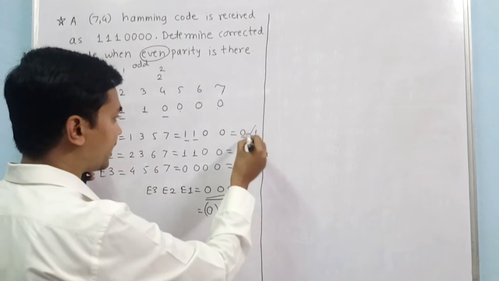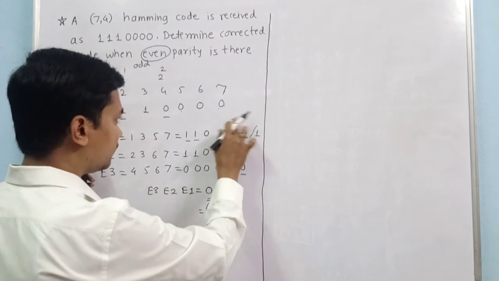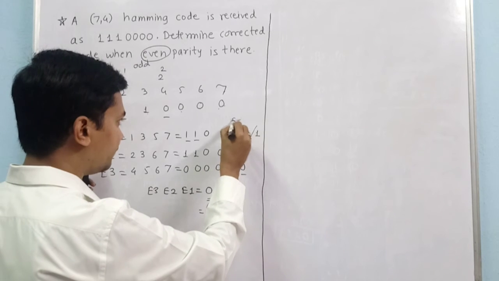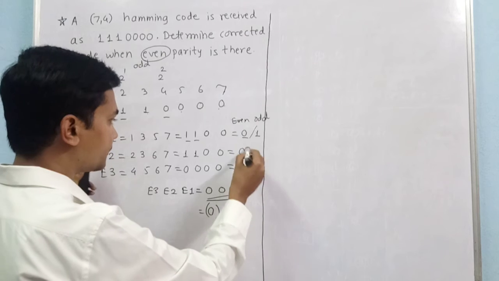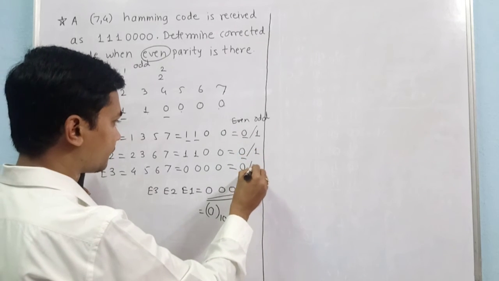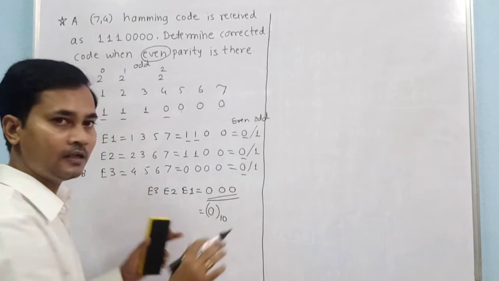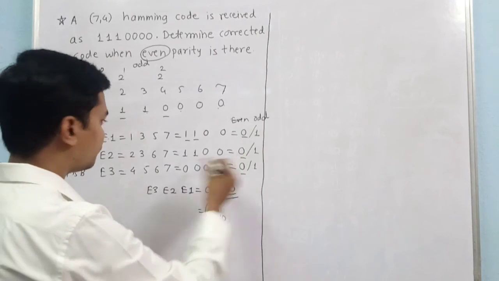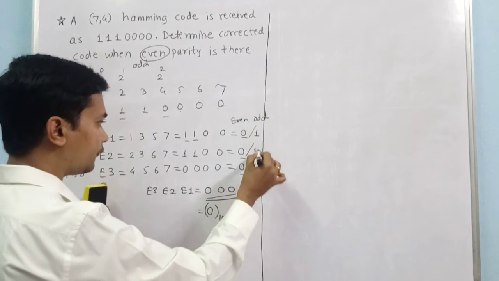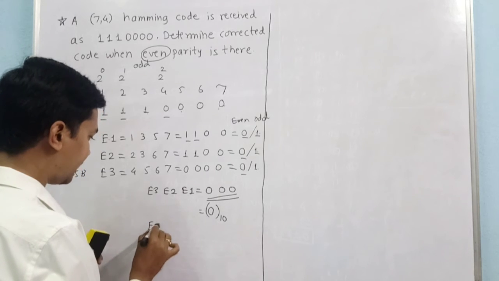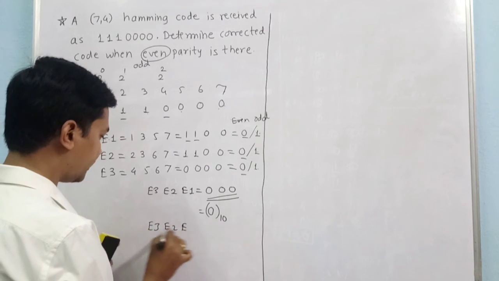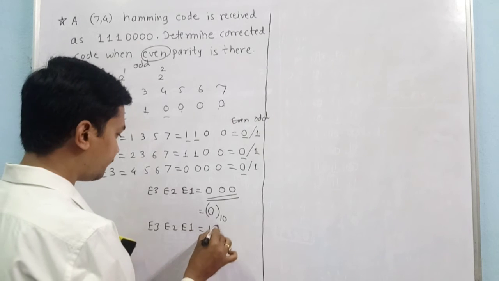We found 0 0 0 for even parity, and if odd parity is given, then these bits will be inverted. E3 is MSB, so E3 E2 E1 will be 1 1 1.